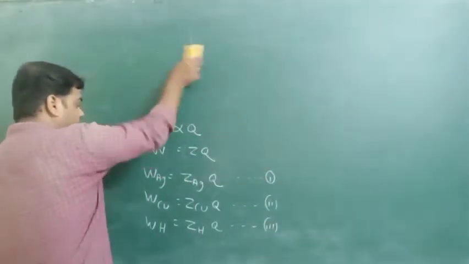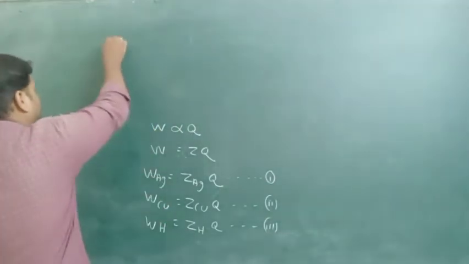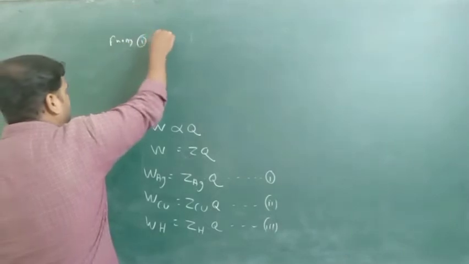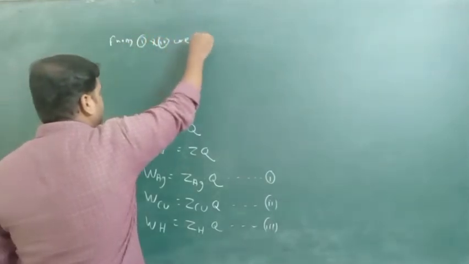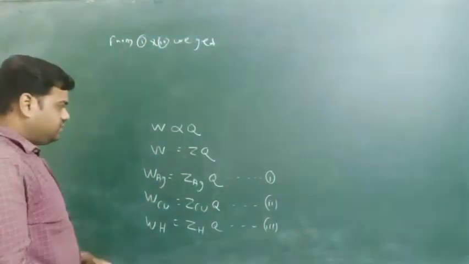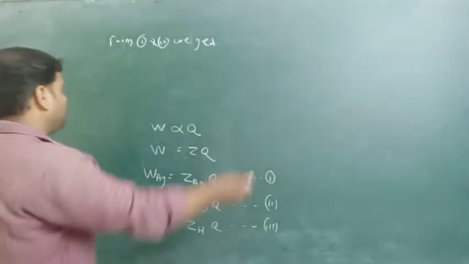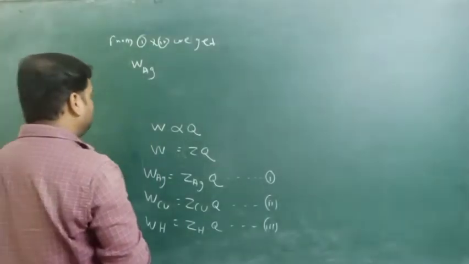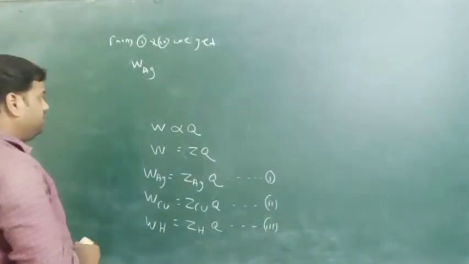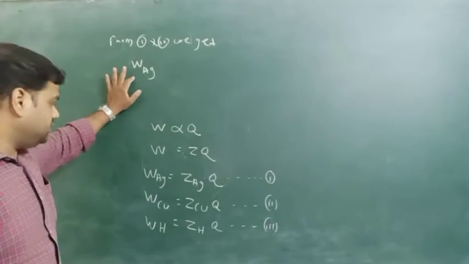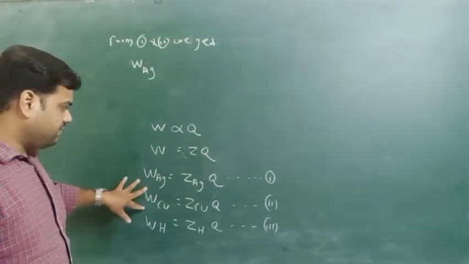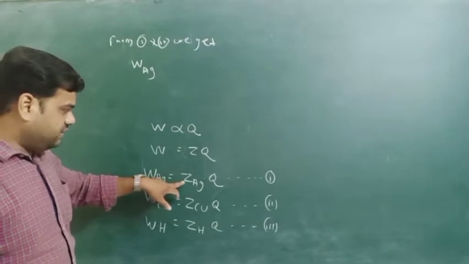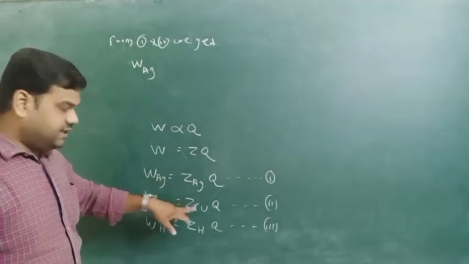From equations 1 and 2, we get W_H equals Z_H Q, or we can take the ratio of the weights of silver and copper, and also the ratio of equivalent masses of silver and copper.